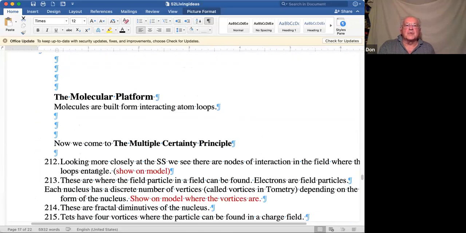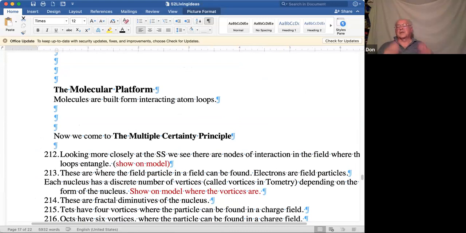Now let's move to the molecular platform. We've discussed what a particle looks like, and how that geometry can morph into an atomic structure. So how does it work with a molecular structure? In the first presentation I made, I said something that was wrong.